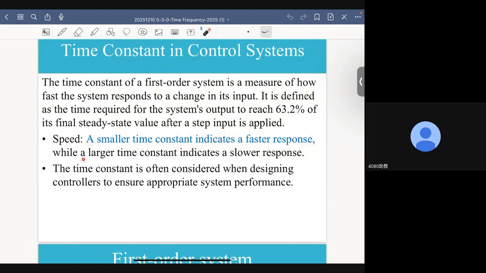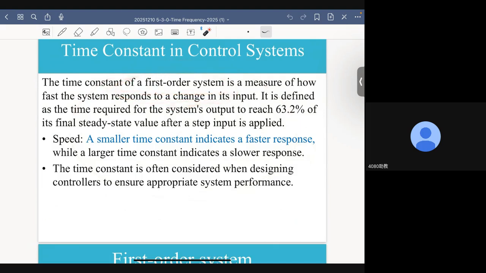By contrast, a larger constant indicates a slow response. So time constant is actually a measure for the speed of response of a first order system. Remember that here, it seems that time constant is defined for first order system.